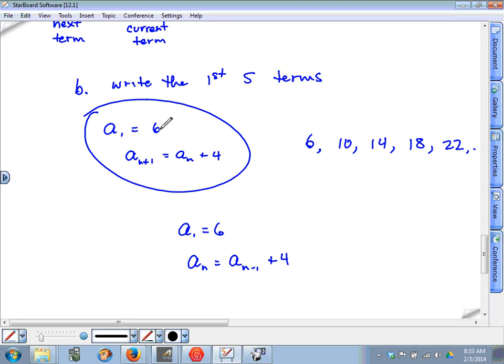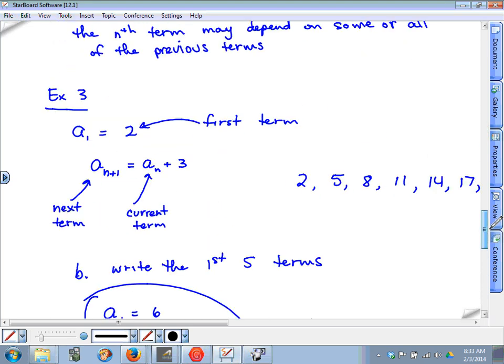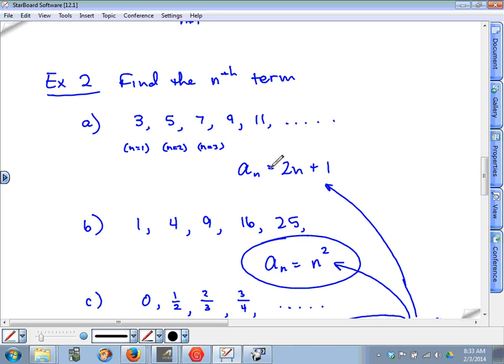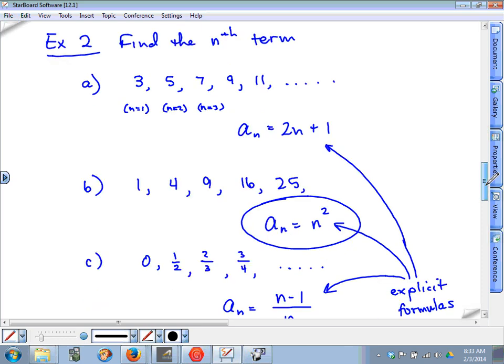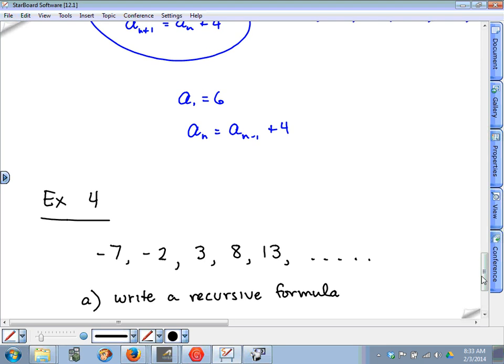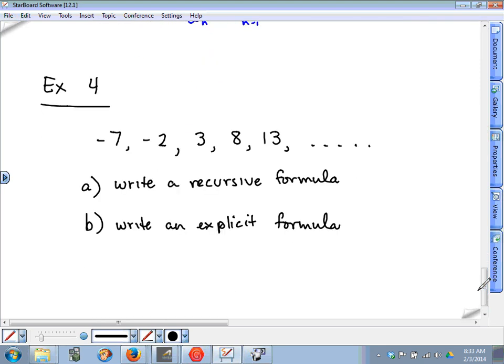You start with the first term, and then you tell a way to find the next term in the sequence. That's a recursive formula. An explicit formula would be one like this: a sub n equals 2n plus 1. The explicit formula can tell you any term of the sequence. The recursive formula can only tell you the next term of the sequence based off the term in front. So there are two different ways of giving the same sequence.